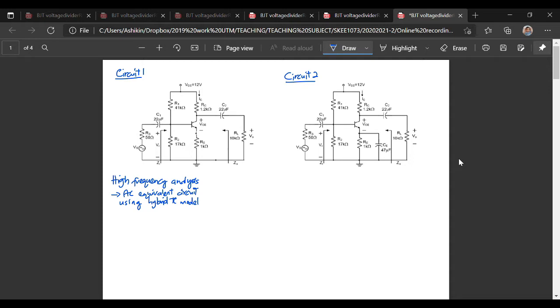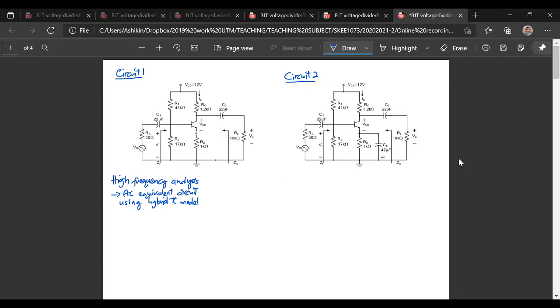Meanwhile, for circuit number 2, we have voltage divider bias for the BJT with resistor RE bypassed with capacitor CE.